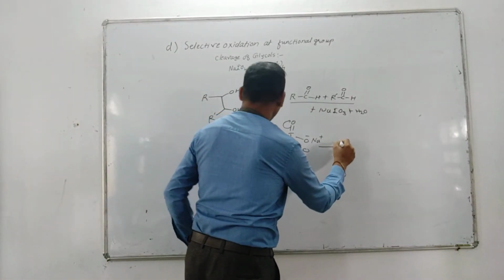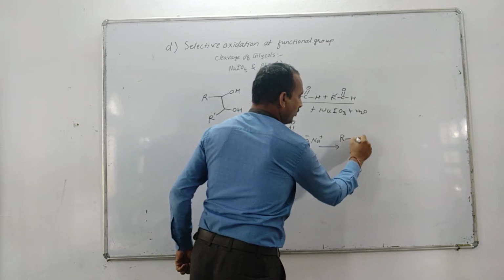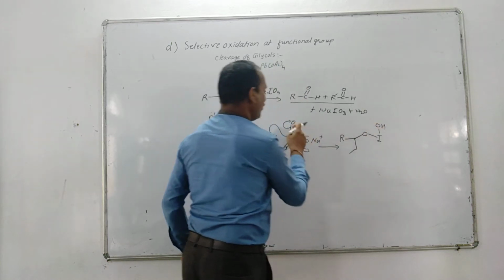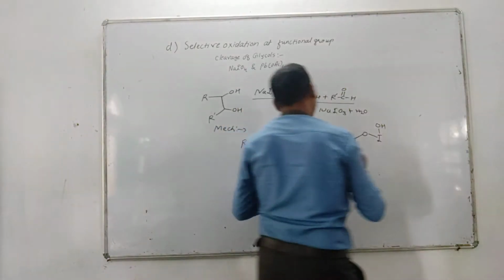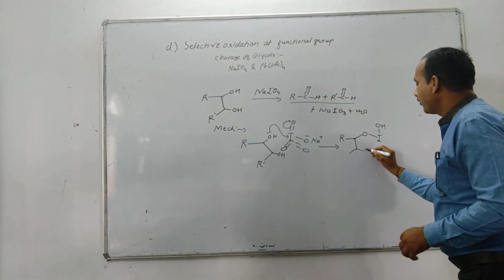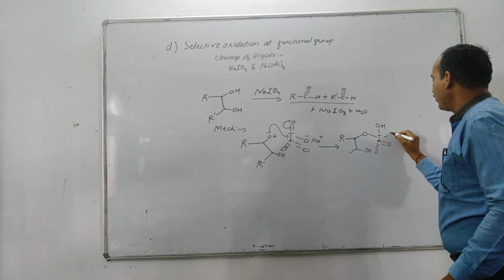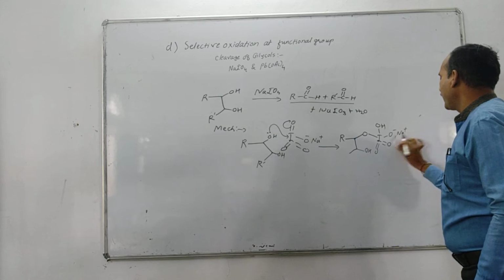So we directly show here as R O I O H. Now here is OH double bond O minus Na plus.